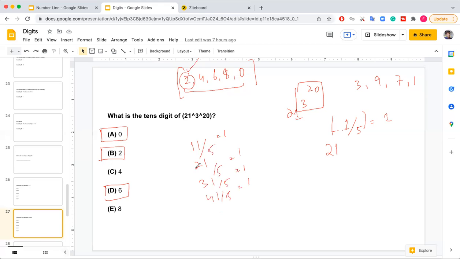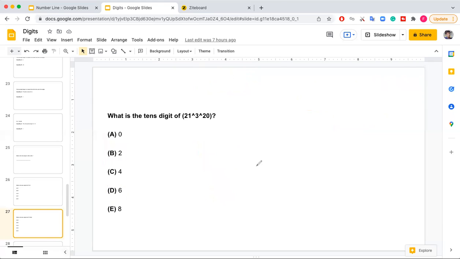If I just change this question and make this 21 power 3 power 15, now just quickly tell what is the answer. Four.